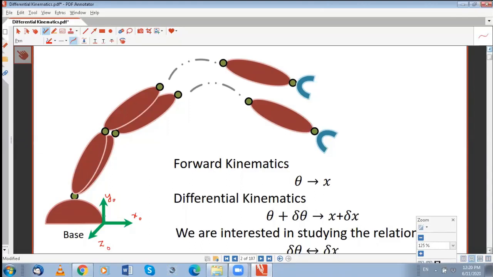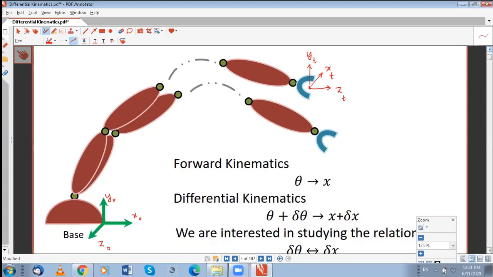And then you assign a frame to the tool. Normally it's assigned here. So we call this Z tool, and then this is Y. Y is upward, and into the page is your X of the tool.